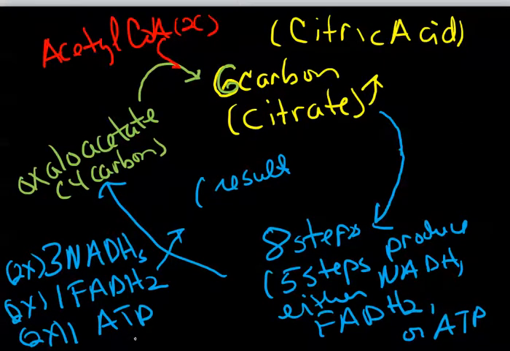Now, one thing you remember is that when you have an ATP here, it is what we call substrate phosphorylation, meaning it's an enzyme that takes the ADP and a phosphate and puts them together, where the other ones will be what we call chemiosmosis, in other words, using the ATP synthase and the electron transport chain producing the hydrogens that are used there.